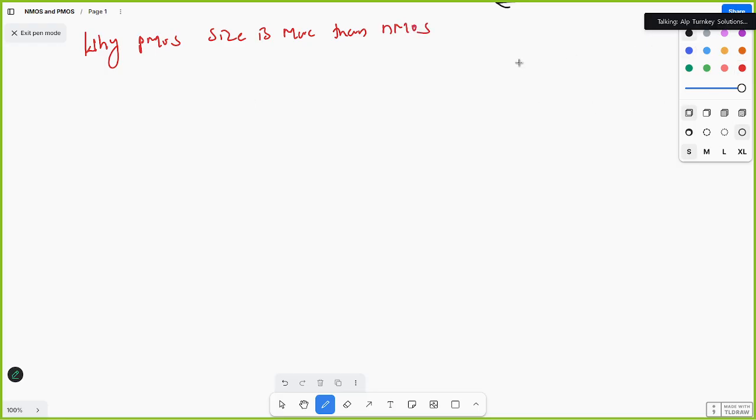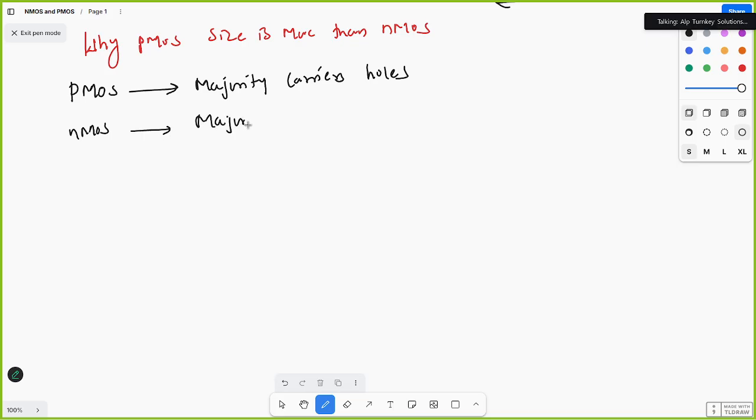If you see the PMOS, what are the majority carriers? Holes. And in NMOS, the majority carriers are electrons.